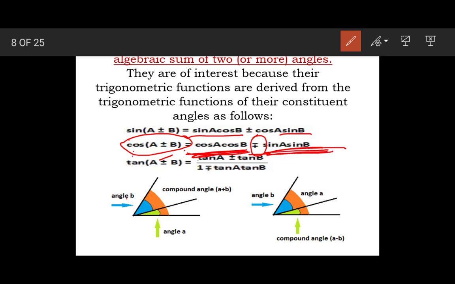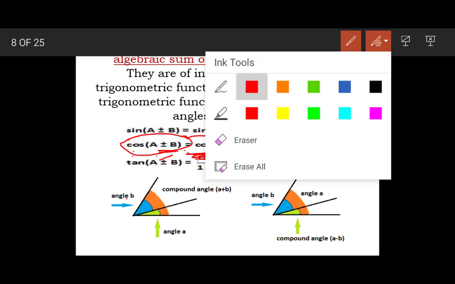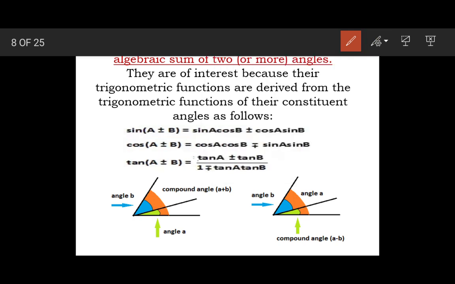If it is cos A minus B, then the formula is cos A cos B plus sin A sin B, since minus becomes plus. So once again let us see the formula.